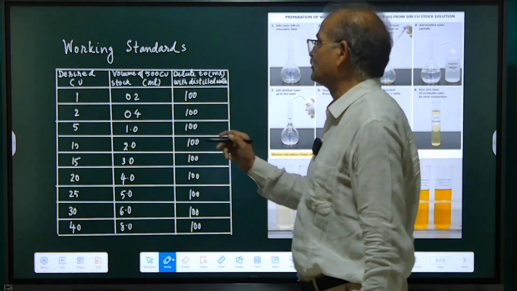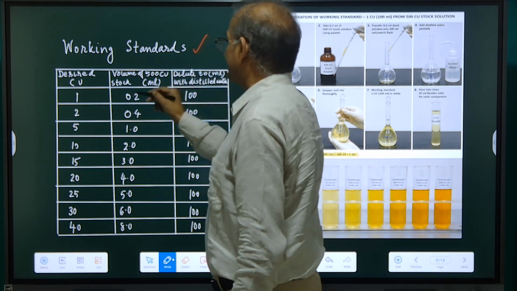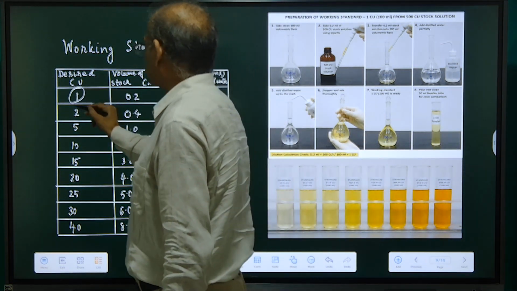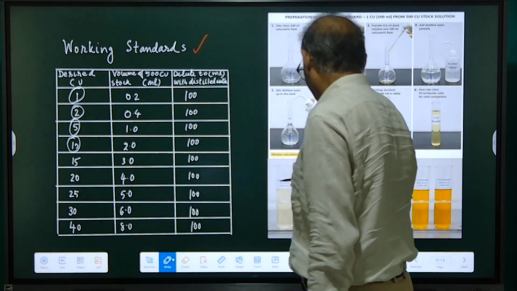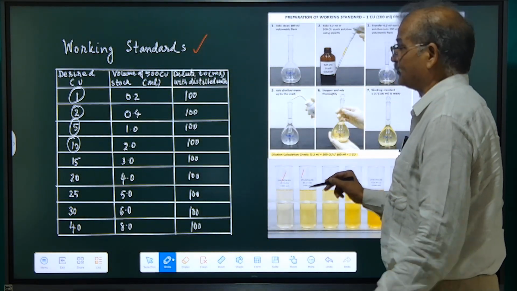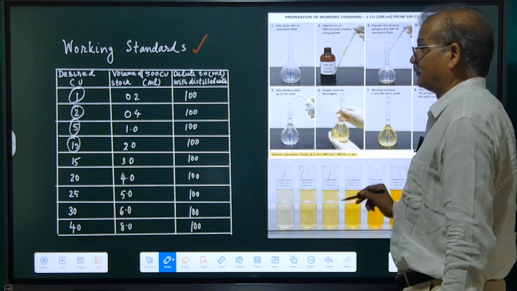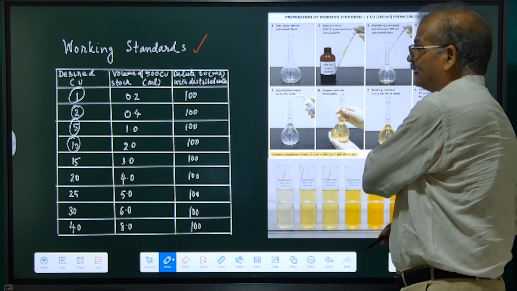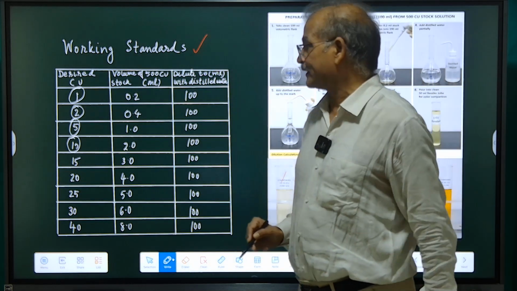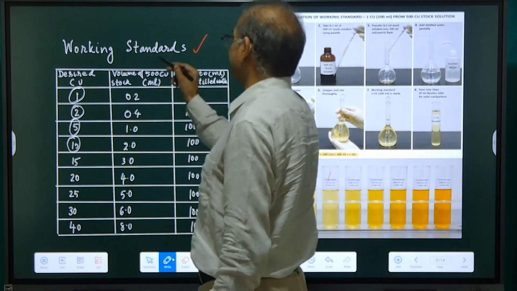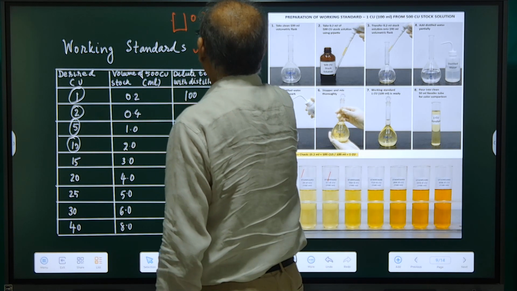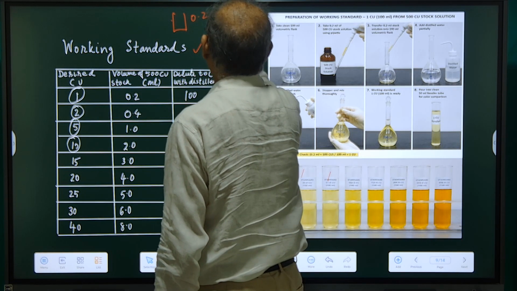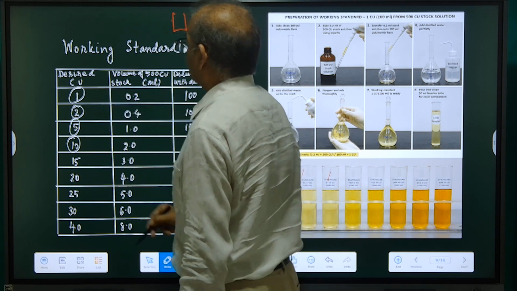Now we have to make working standards like one color unit, two color unit, five color unit, 10 color unit. Likewise, we have to make a lot of standards for comparing. If we take this stock standard, 0.2 ml, and add it to 100 ml of water, it will become 1 CU.